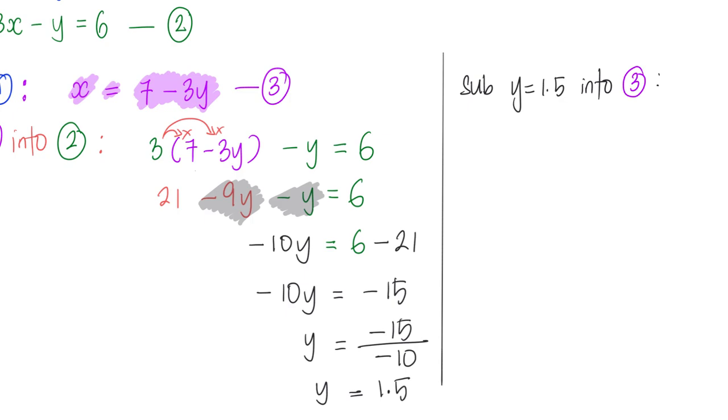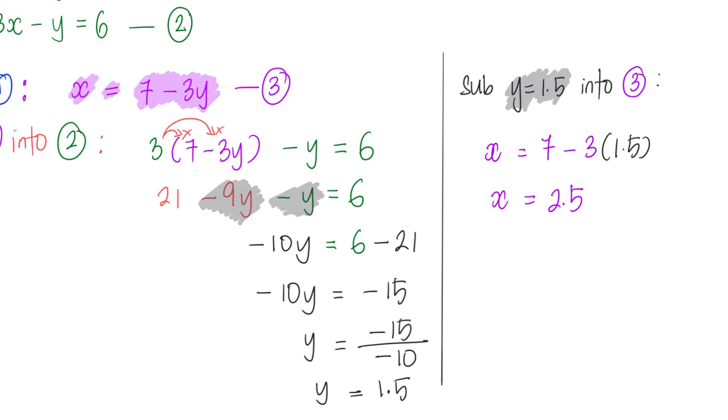Why? Because from equation 3, x equals 7 minus 3y. And what is my y? y is 1.5. So therefore I do not need to write y anymore. I'm substituting y with 1.5. And so I will get my final answer. x equals 7 minus 3 times 1.5. That will give me 2.5.